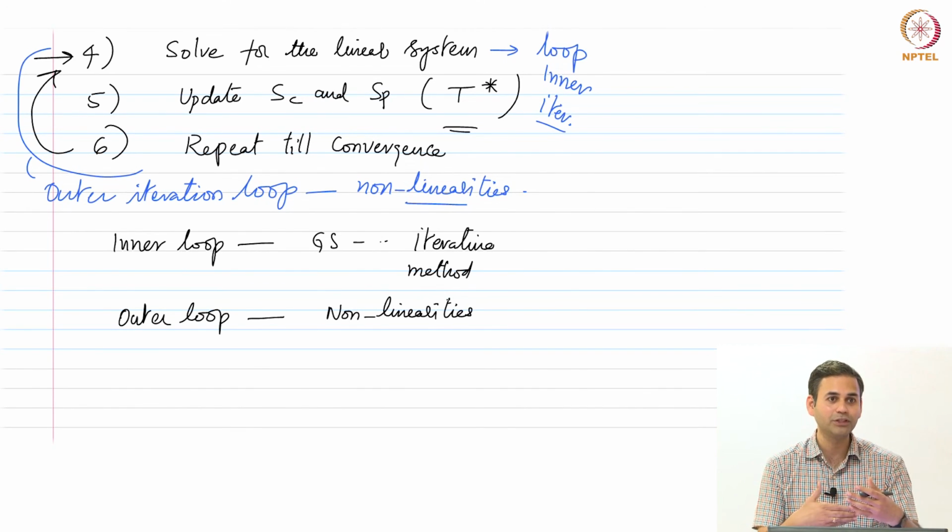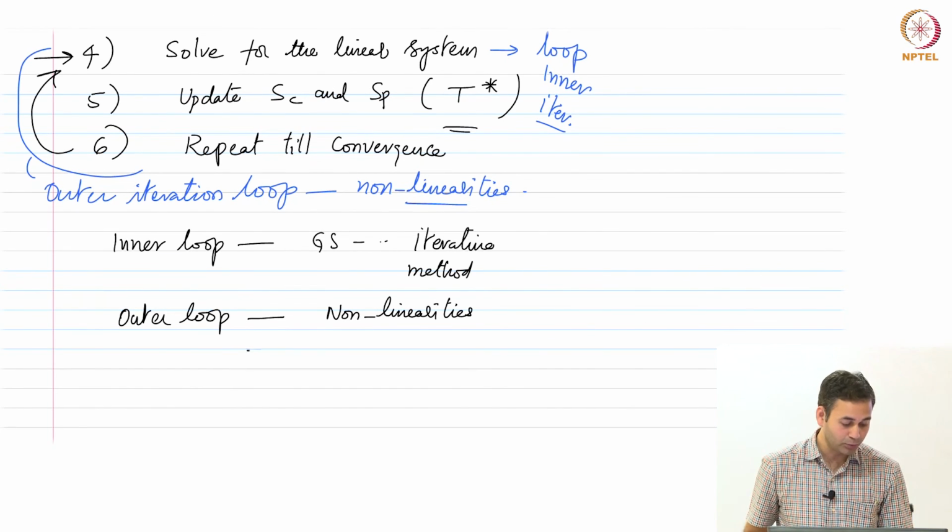So if you have inter-equation coupling, you still have to use iterations. We can solve a linearized system of linear equations, but if there is inter-equation coupling, then the coefficients are provisional. Whenever the coefficients are provisional, you need an outer loop to converge to the correct solution. So the outer loop comes even if you have inter-equation coupling.